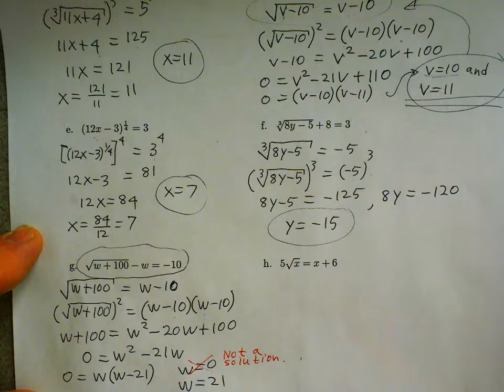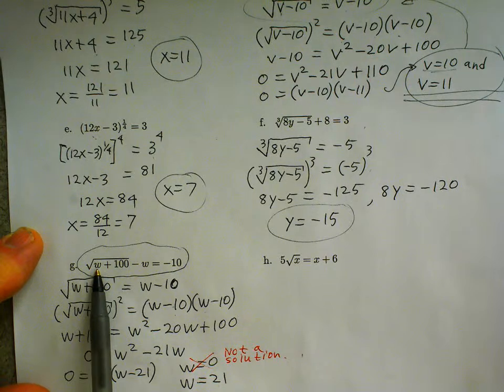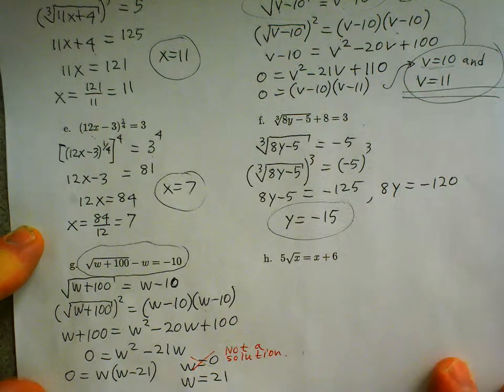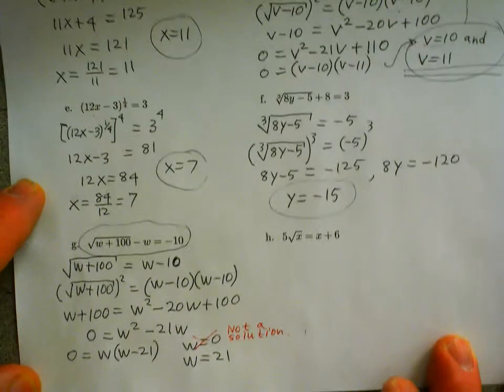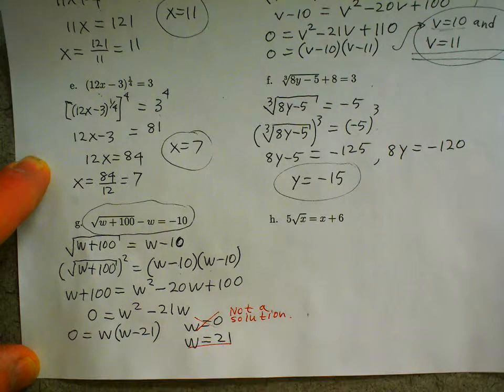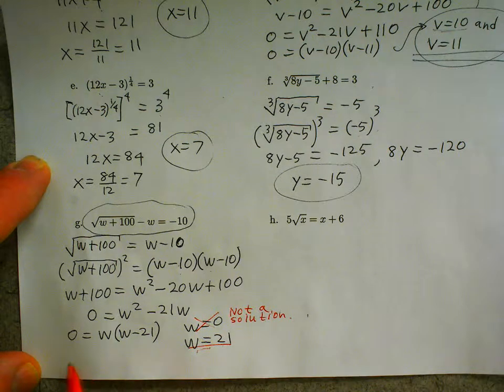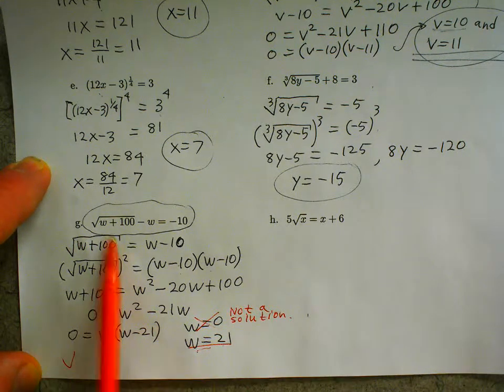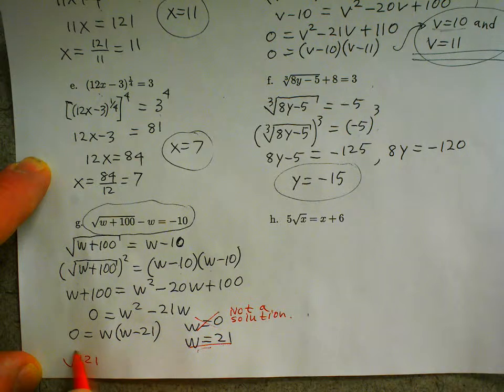When we test 21, replace w with 21. So let's test that down here. When w is 21, we have the square root of 21 plus 100 is the square root of 121.